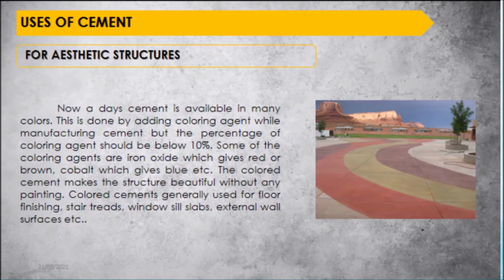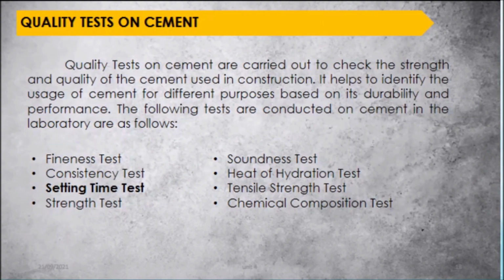So to sum it up, cement composition can be altered to produce different types of cement. It can be type 1 to type 5 in order to serve various reasons for its use as discussed. Now let's move to the quality tests on cement. Quality tests on cement are carried out to check the strength and quality of the cement used in construction. It helps to identify the usage of cement for different purposes based on its durability and performance.